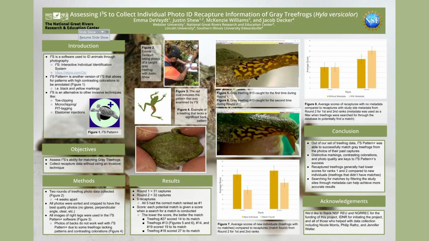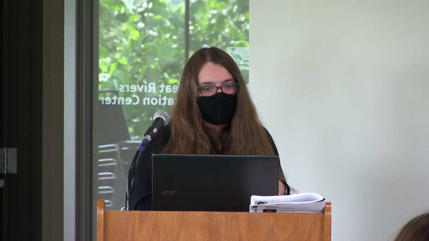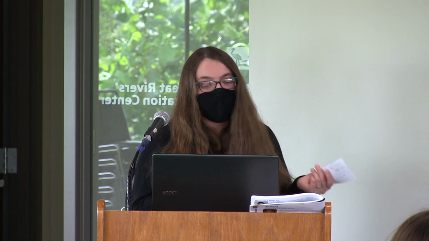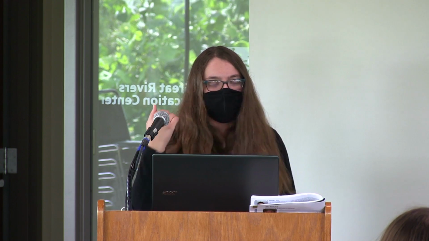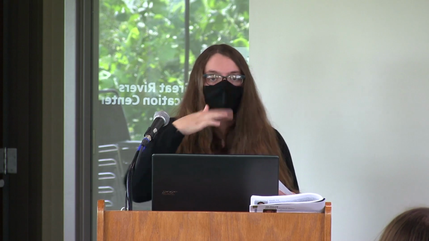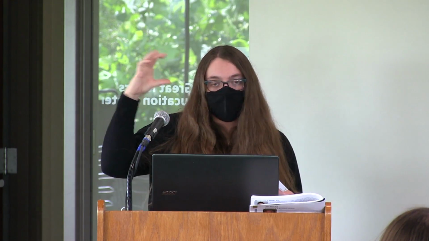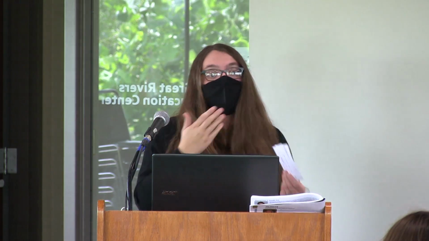I guess the lower the score, the better, and it varies per species as well. I think the main part of this project was to see if it works with our species. As long as they're ranking in the top 5 of the tree frogs, since it gives you 50 results, that's pretty good. That tells you it's working pretty well.